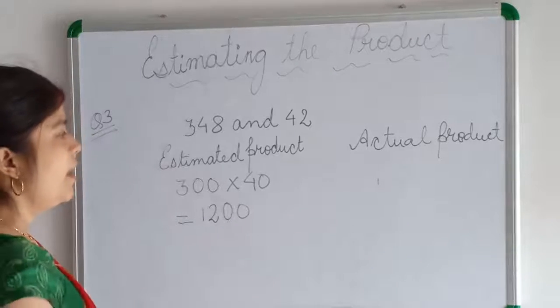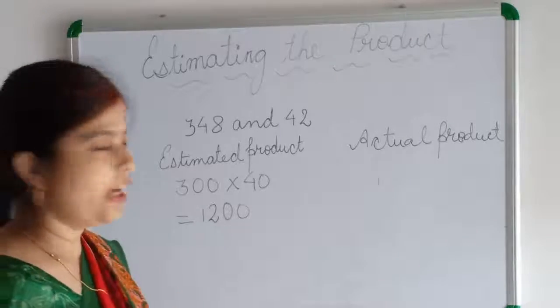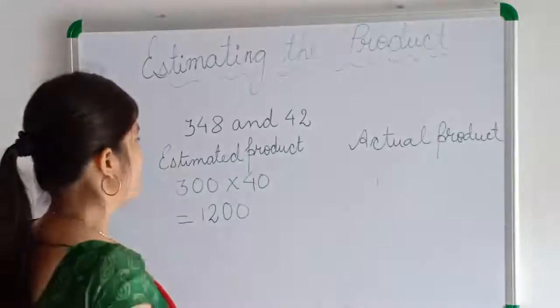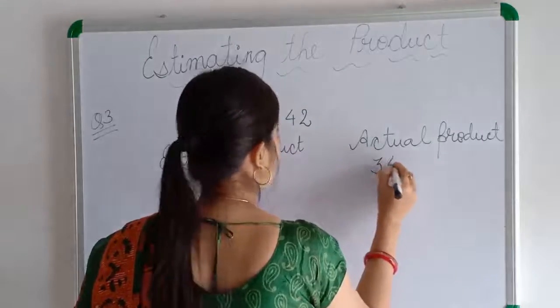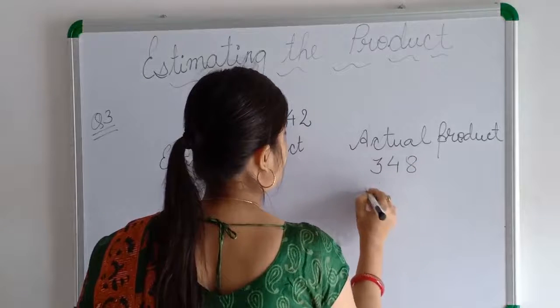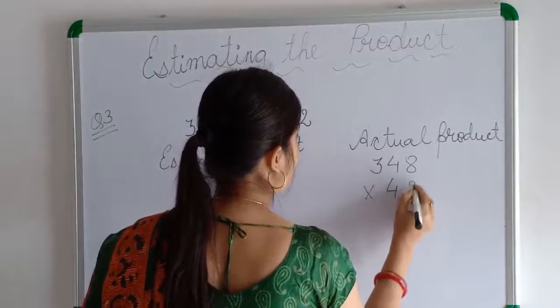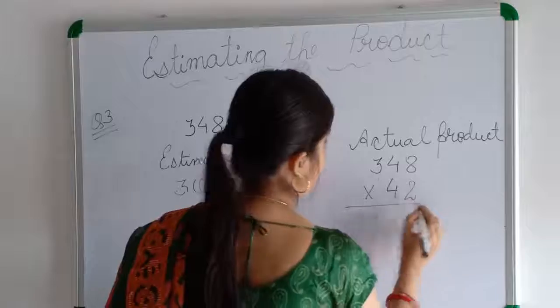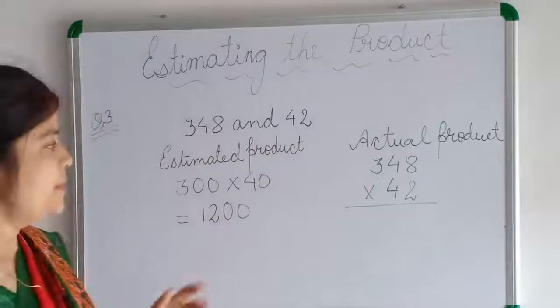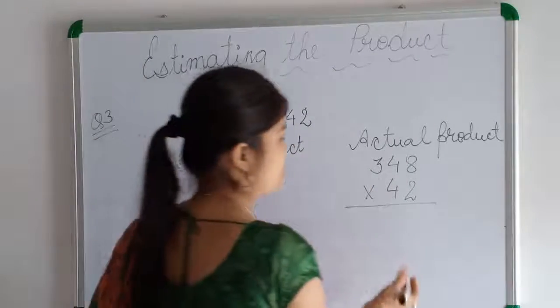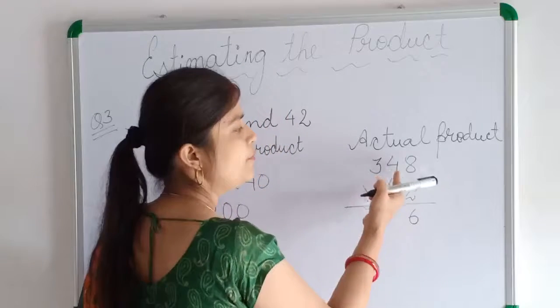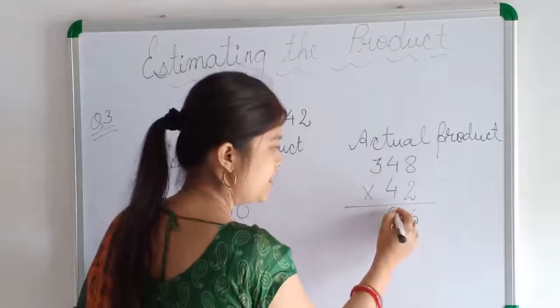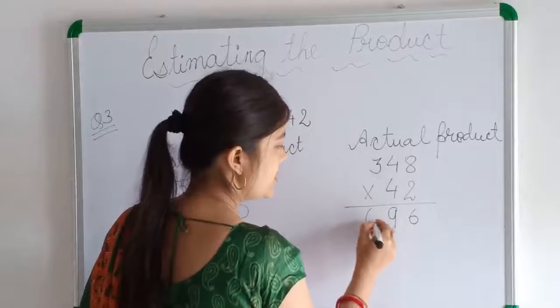Okay? And then we will find the actual product also. Now you find the actual product here. 348 into 42. Now you know the multiplication by 2-digit number. Stepwise you will multiply. 8 twos are 16, 1 you will carry. 4 twos are 8 plus 1, 9. 3 twos are 6.